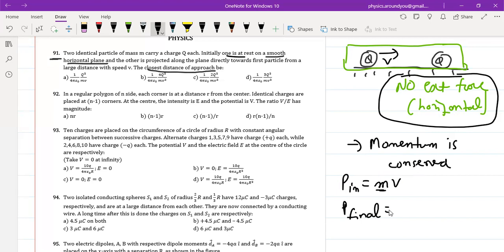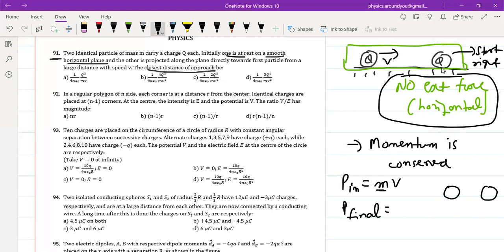In the final momentum case, since they are approaching closest, please remember that the charges are alike. So this charge on the left is going to repel this charge on the right, and this will start to move towards the right.